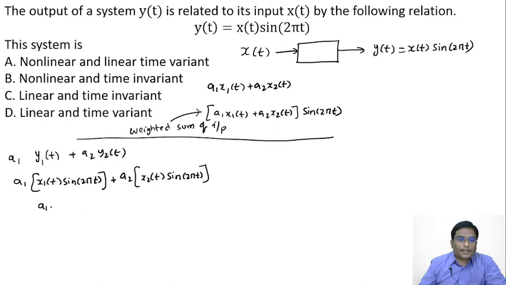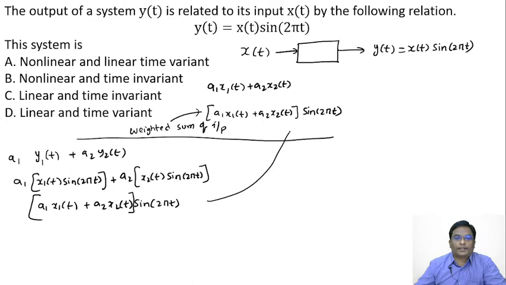So this is a1 x1 of t plus a2 x2 of t, times sine of 2 pi t. This is a weighted sum of inputs giving the weighted sum of outputs. Therefore, the system is a linear system.